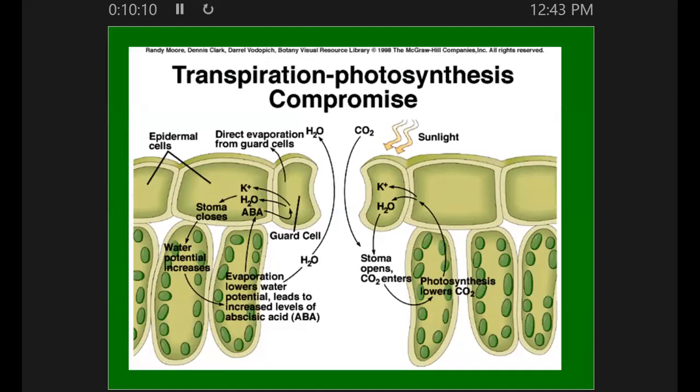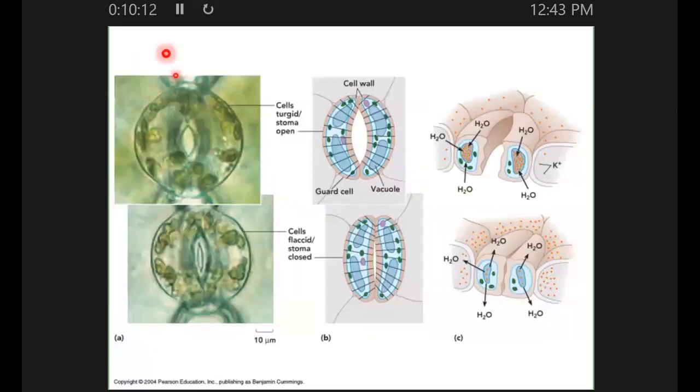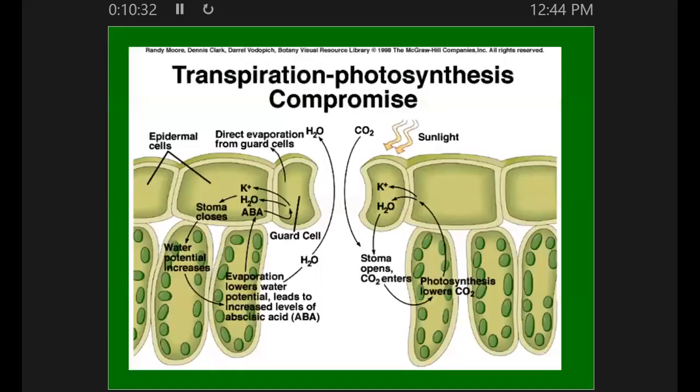Turgor pressure gets the guard cells to open, for sure. Turgor pressure allows those guard cells to move away from each other and reveal the pore. You get a flow of water into the guard cells, and that causes the pore to be revealed. As soon as that happens, water is going to start exiting the leaf as water vapor. But do you know the force?